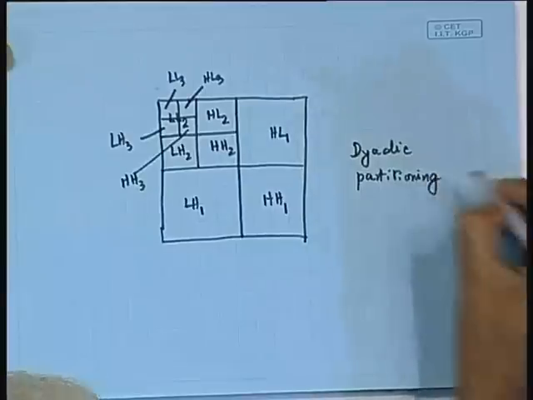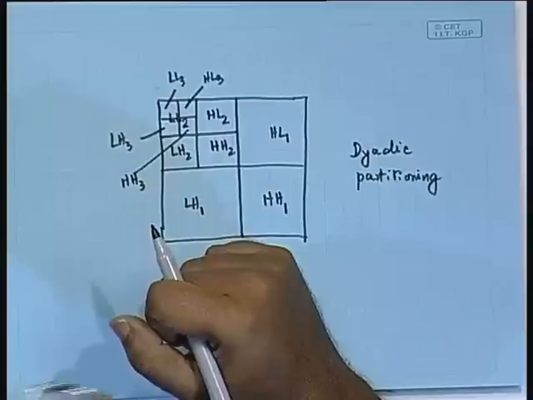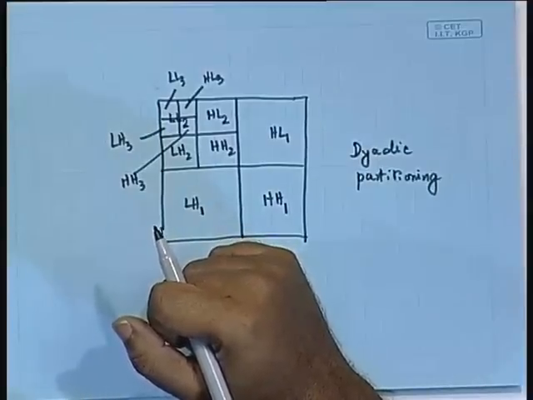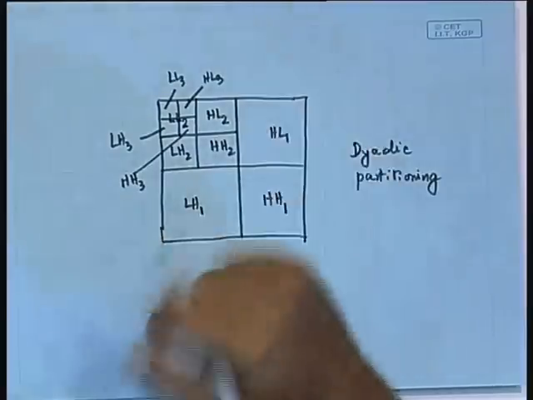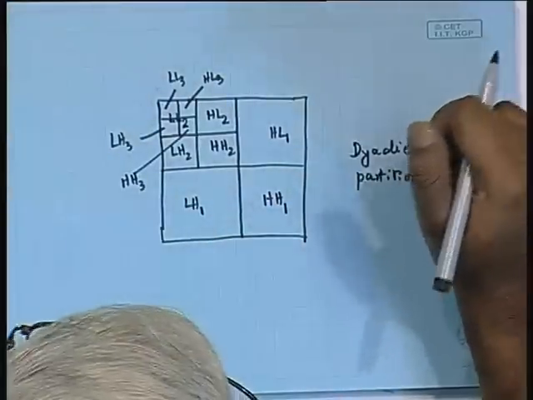Now, commonly dyadic partitioning is followed in images because of the reason I told you, that images are rich in low frequency content, and that is why this dyadic partitioning scheme, where only the LL subband is decomposed into further and further coarser levels, is adopted. Okay. So, this is the total scheme of the dyadic partitioning.